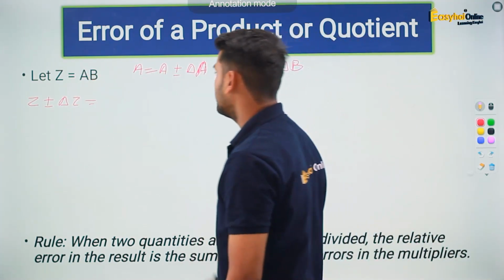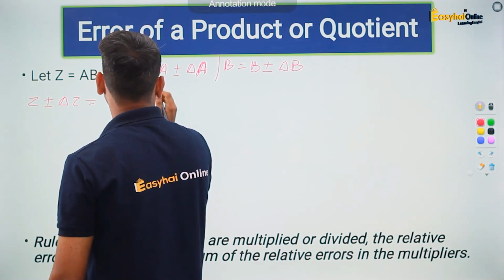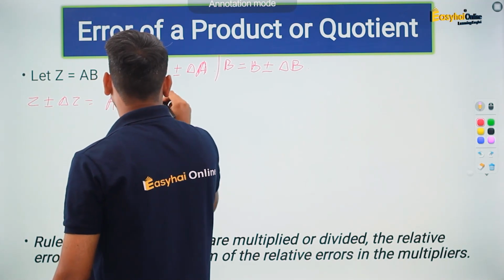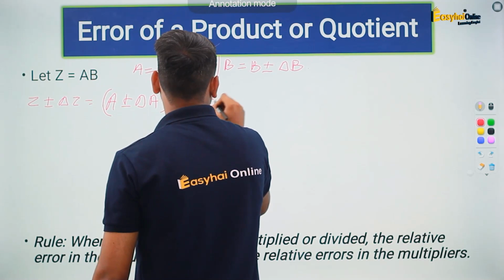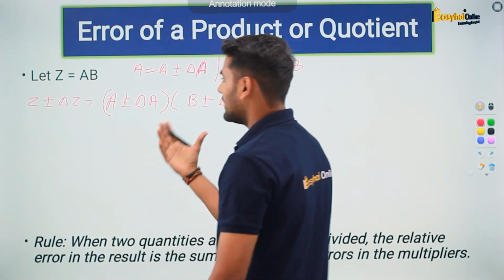So just multiply them. Here you have A plus minus delta A, multiplied by B plus minus delta B. So this is the final value.